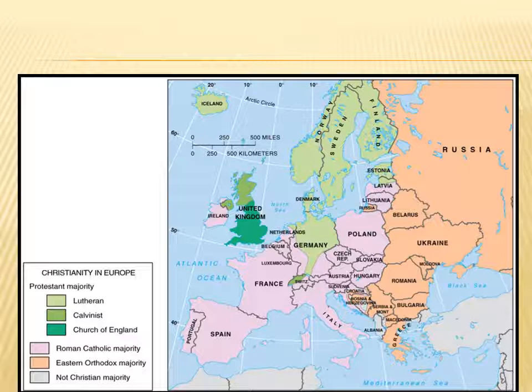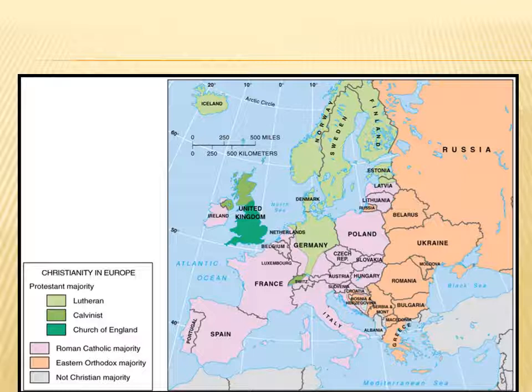Now, here's the big question that I want you to have. Let's tie together language and religion, because throughout much of Europe, we have Indo-European languages spoken. So, for right now, on this slide, tell me the branch of Indo-European that's spoken in the different areas where these religious branches are practiced.